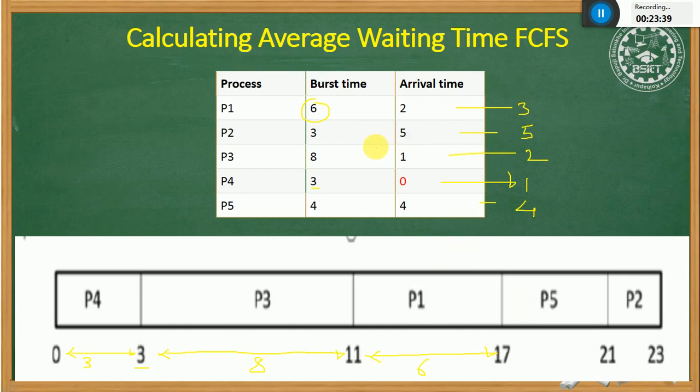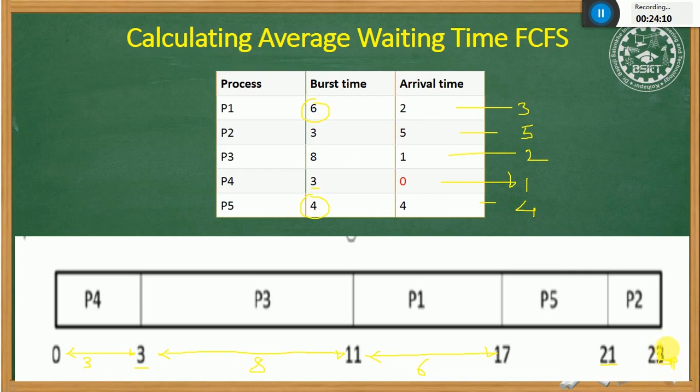Now, which process comes next after P1 is completed? It is the chance of P5, which will start at 17 milliseconds and take the CPU for 4 milliseconds. So 17 plus 4 is 21. Then 21 plus 3 is 24.